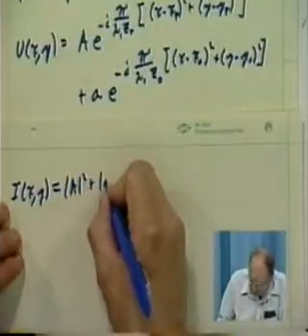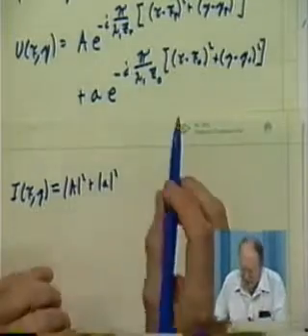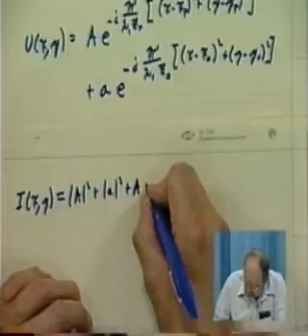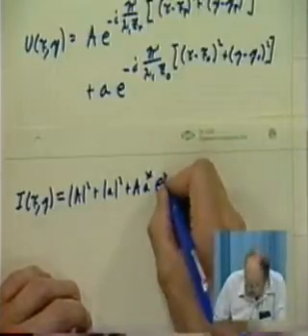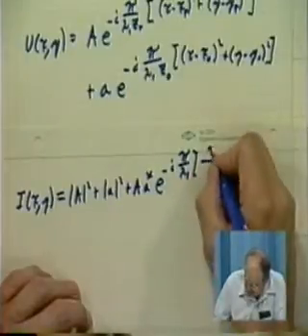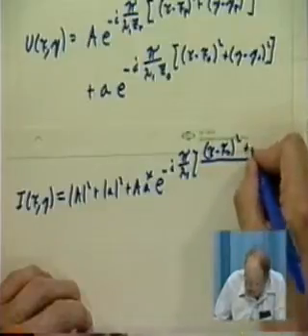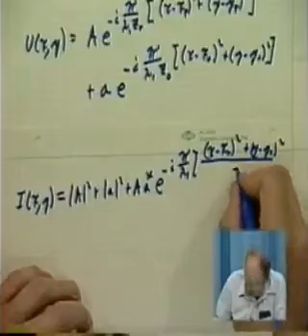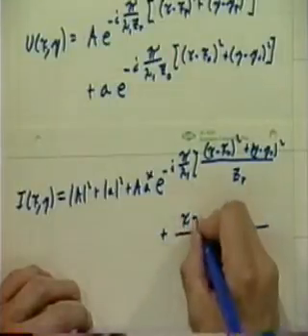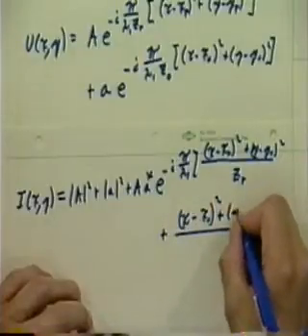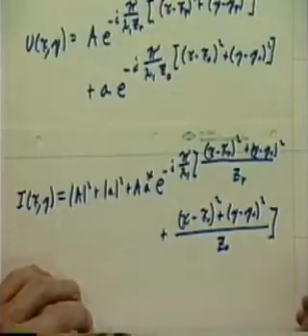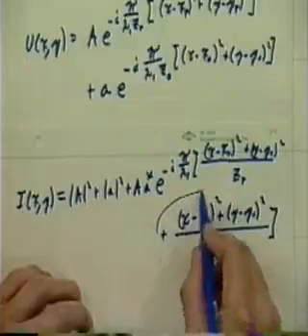We get A squared plus little a squared, so these are our so-called self-interference terms, which for spherical waves are pretty simple, plus capital A, little a complex conjugate, e to the minus i pi over lambda 1, x minus x sub r squared plus y minus y sub r squared divided by z sub r plus x minus x naught squared plus y minus y naught squared over z naught. This is all in the exponent here.